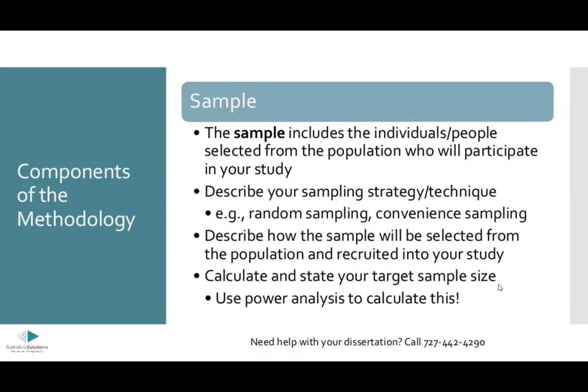So you may need to calculate that as well. And we do have a power analysis calculator on our website, and we have some slides and webinars specifically related to that. So if you have some additional questions on power analysis, you can refer to those online.